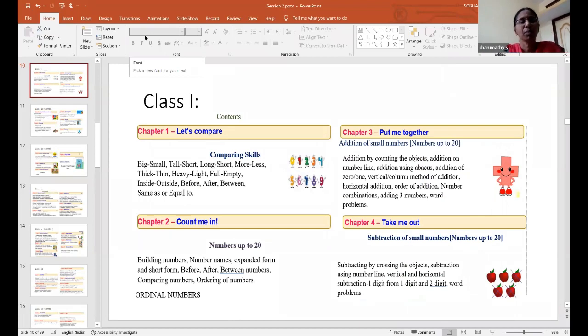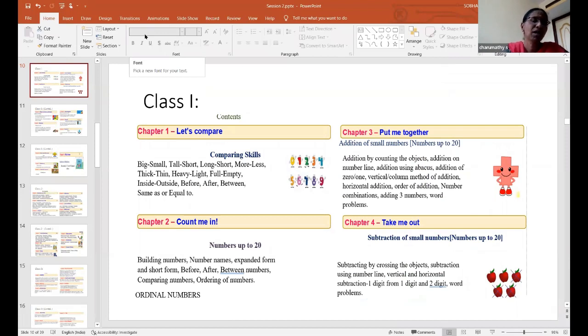So when we talk about tall and short, long and short, big and small, by the end of that, our learning outcome is that they will identify that these are the terms. When we talk about tall and short, these are the terms used to refer to heights.